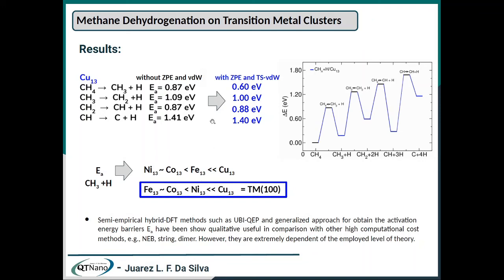However, with the use of ZPE and VDW corrections, this tendency changes, with iron and cobalt presenting almost the same energy barriers, which are smaller than nickel, followed by copper, and this is the same tendency as observed for transition metal surfaces of these materials.